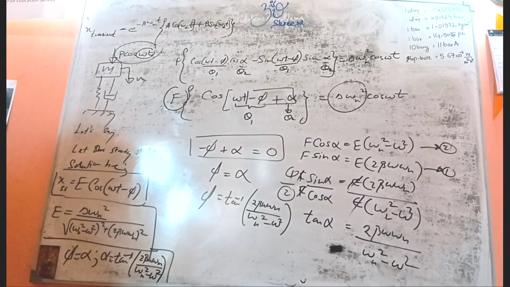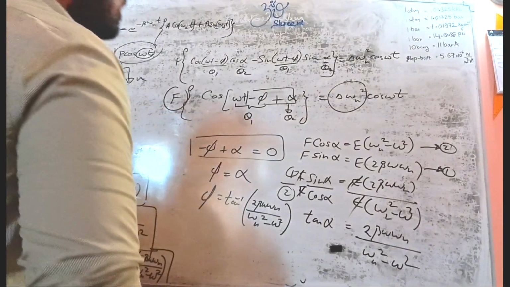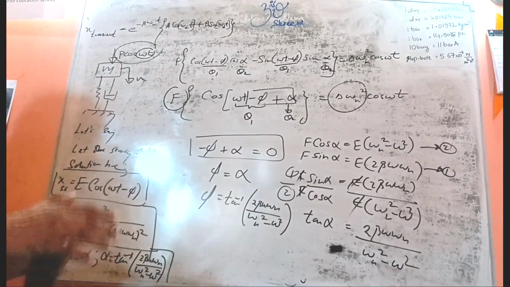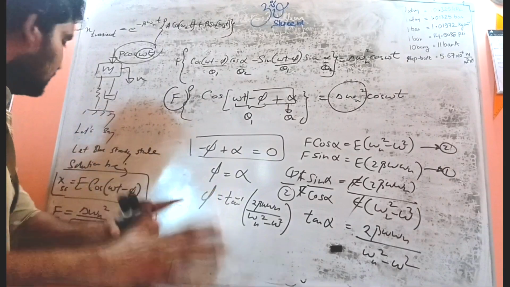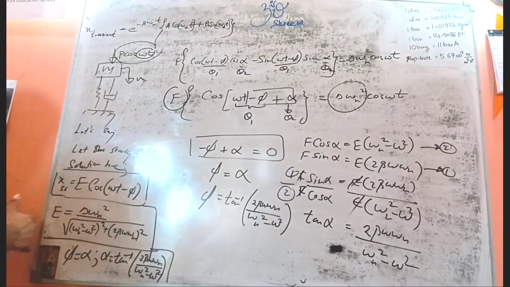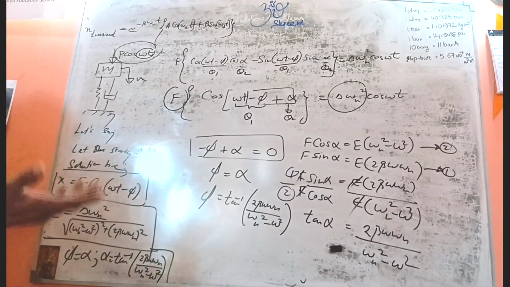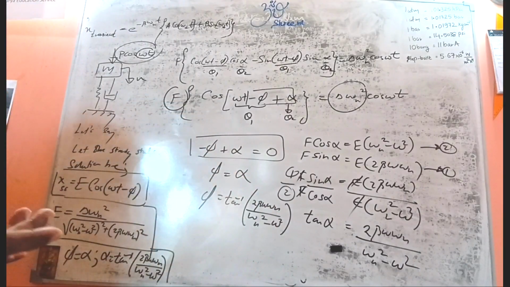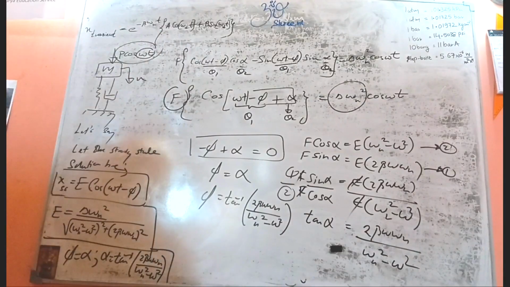I hope you are fully okay with it. So from all these steps, we have successfully evaluated the steady state, because we considered the steady state solution to be like that, and we know what E is and what alpha is. So there is nothing to worry about now.